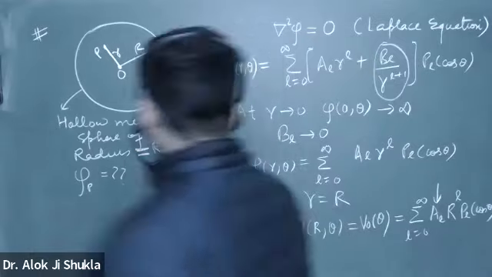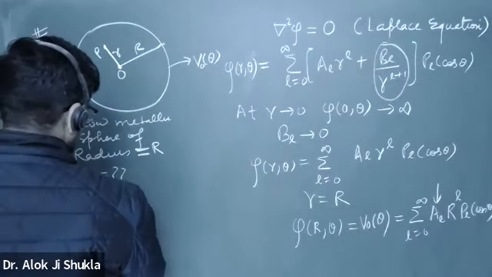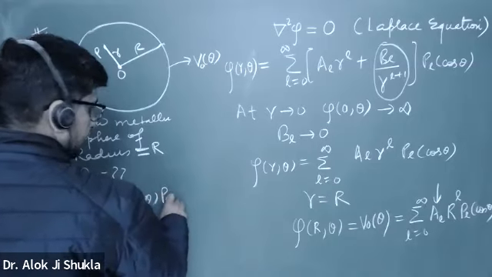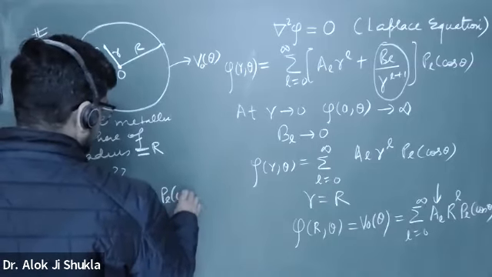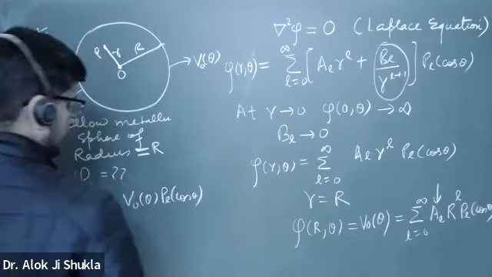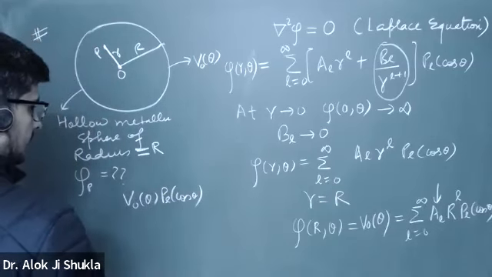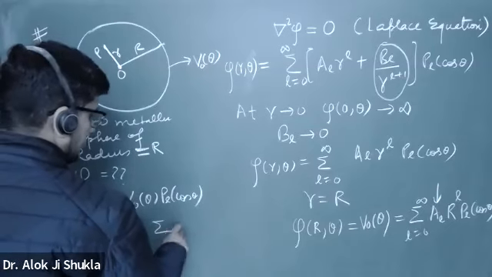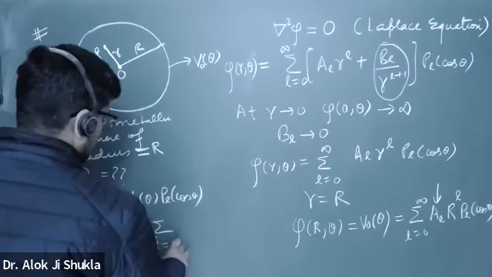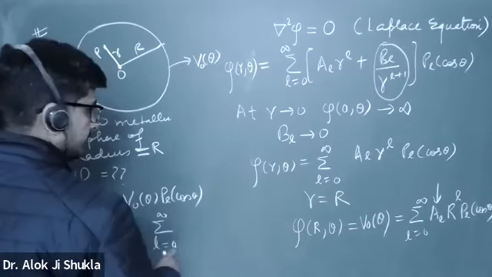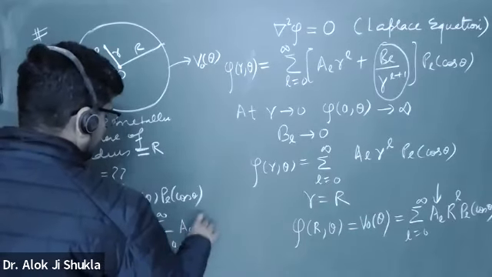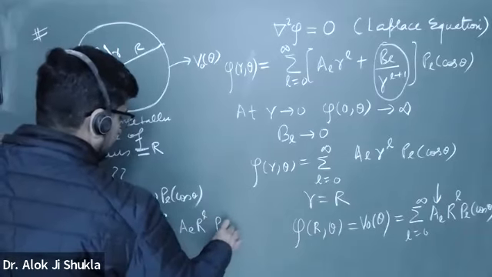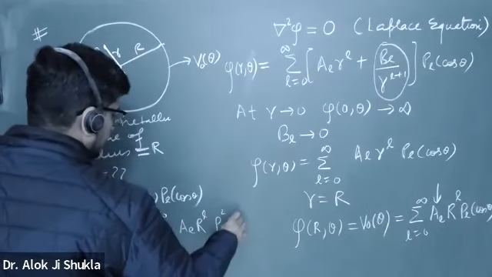Multiply both sides by P_L cos theta. So this will become equal to the summation over L equal to 0 to infinity of A_L R to the power L P_L square cos theta.